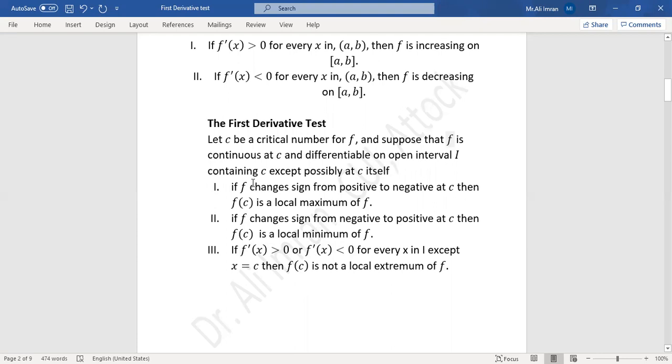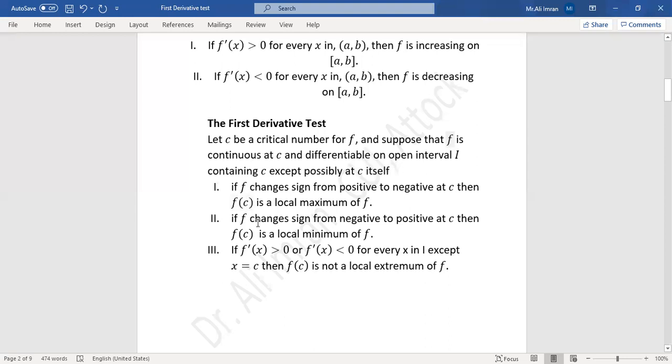I have explained this test. With the help of critical points, we will construct different intervals. Let's say we have two intervals. If in the first interval the function is increasing and in the second interval the function is decreasing, then the function has a local maximum at x equal to c.